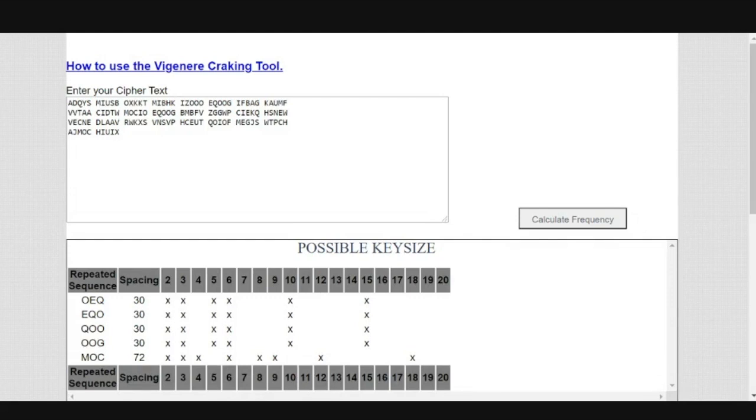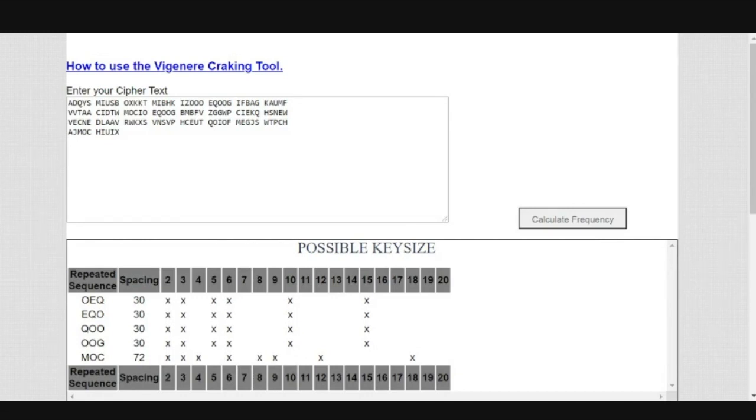If we decide 6, it is 6, right? So there are 6 buckets that we have to identify. If we divide the given cipher text into 6 buckets, in the first bucket, the first element is A. What is the second element?